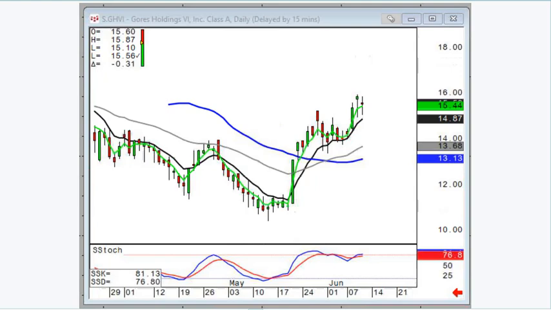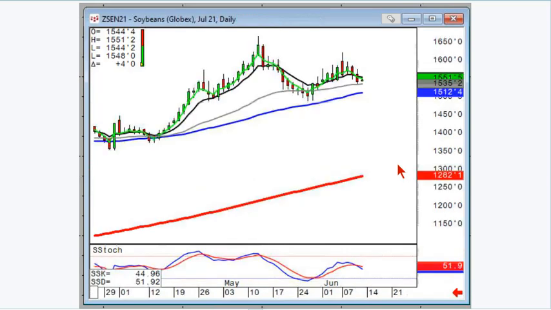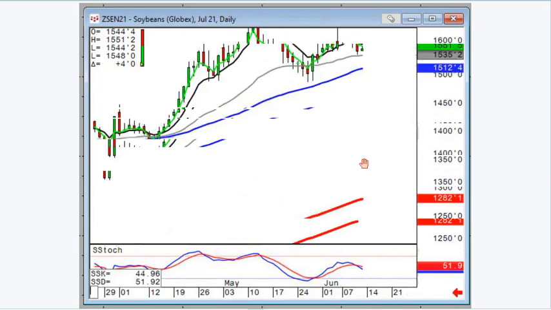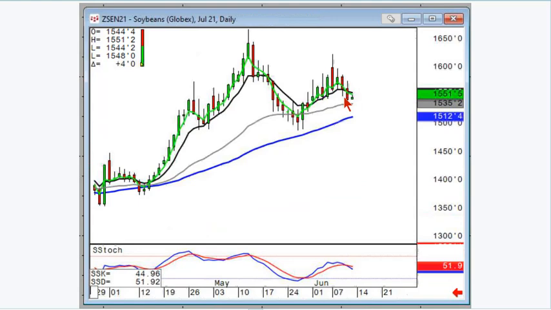Now, I trade futures like wheat, soybeans, cattle. So I would look at this chart and say, that looks like it's trading lower, that if I was day trading it tomorrow, I'd probably be day trading it on the short side.